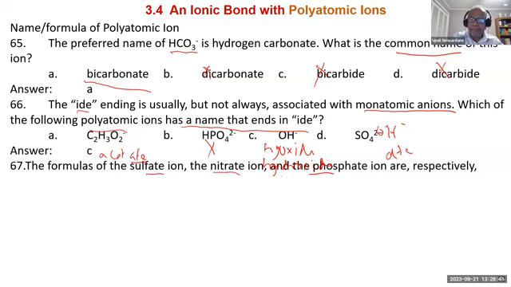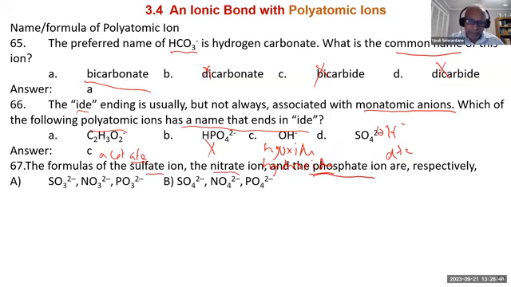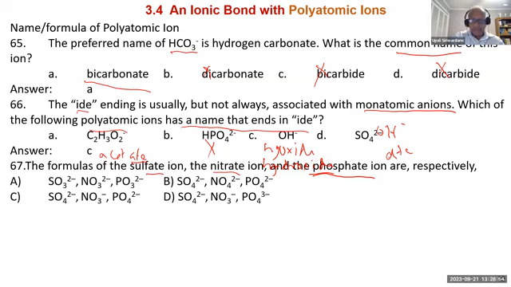The formula of the sulfate, nitrate, and phosphate, you should pick the correct naming. This is not sulfate, this is sulfide. This is not nitrate. Nitrate has only 1 negative. Phosphate has 3 negative, therefore that's wrong.